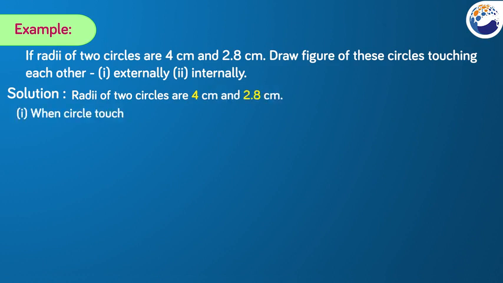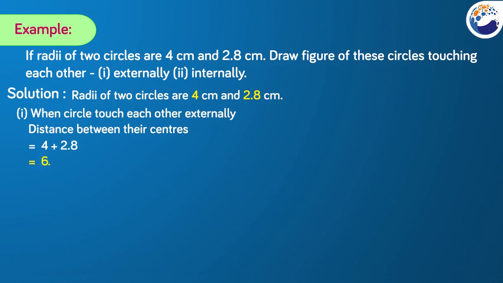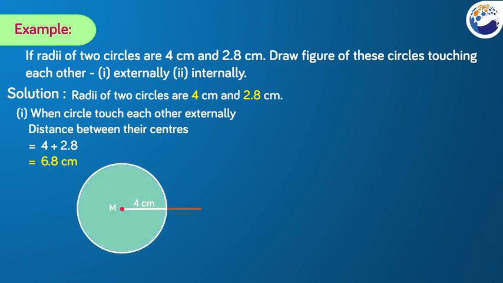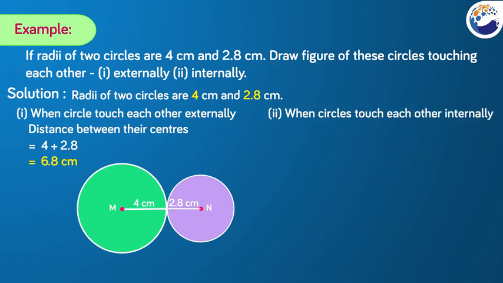When circles touch each other externally, distance between their centers is equal to 4 plus 2.8 is equal to 6.8 cm. 2. When circles touch each other internally, distance is equal to 4 minus 2.8 is equal to 1.2 cm.